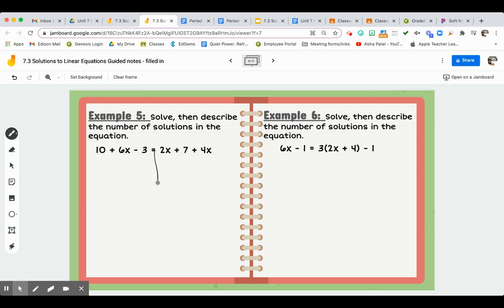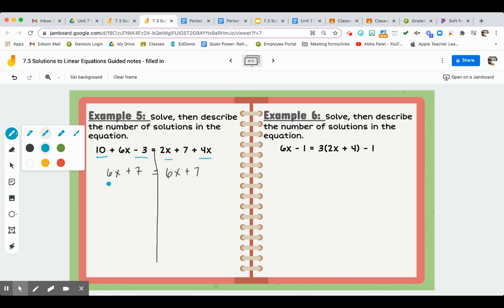So in this one, we definitely have to combine like terms first. So we have the 10 and the -3, the 2x and the 4x. So 6x plus 7 is equal to 6x plus 7.